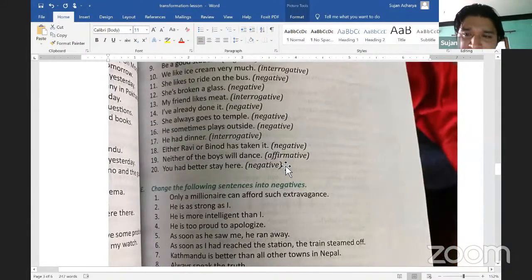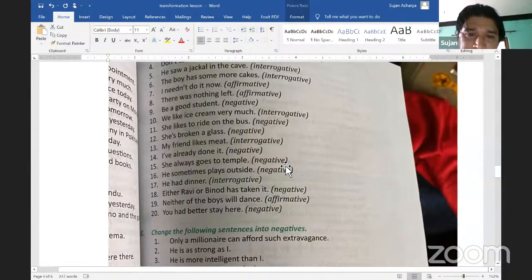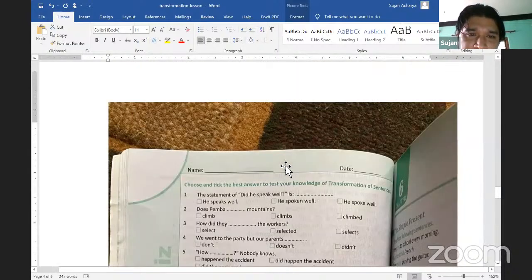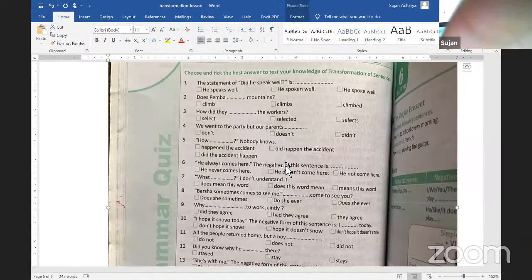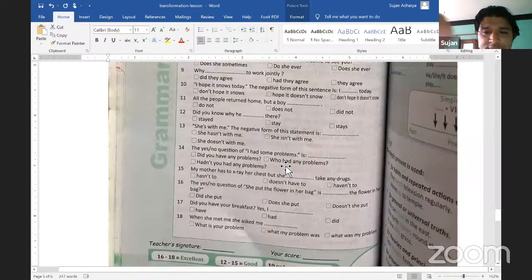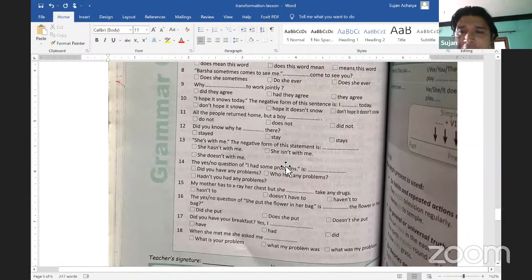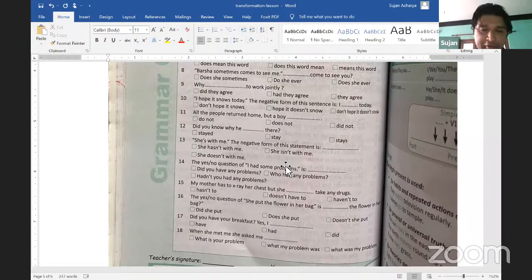Here are the questions for you to practice. Questions with options as well. They are unedited. Do this. I will transform this Word file into PDF and send it.